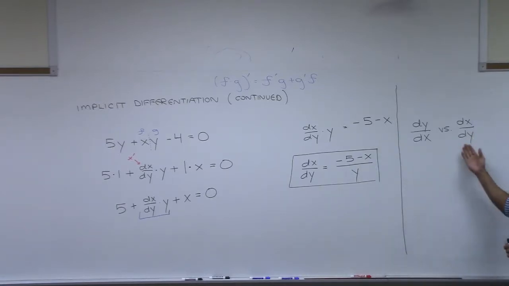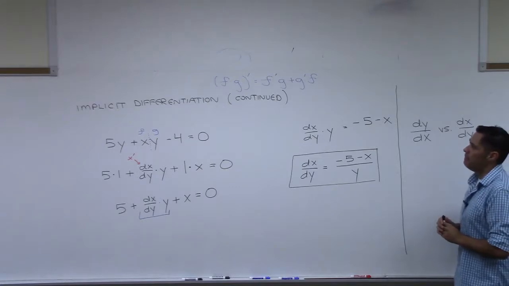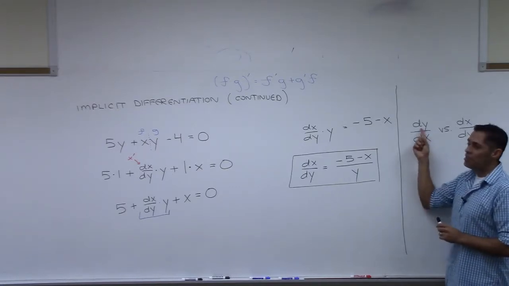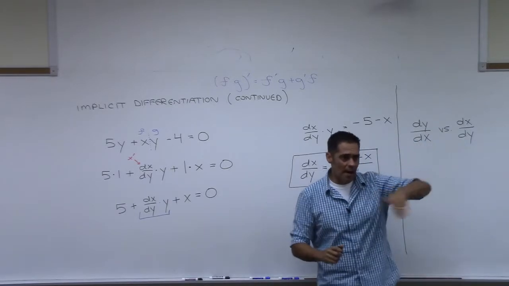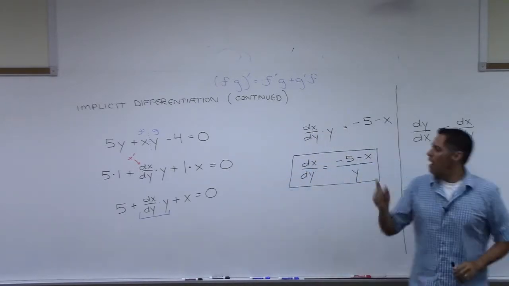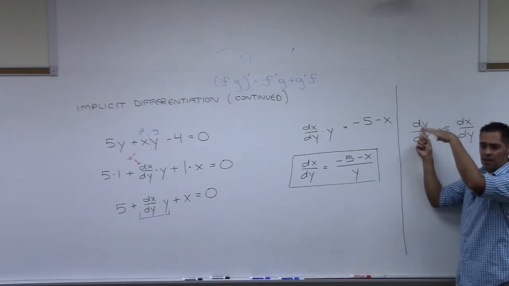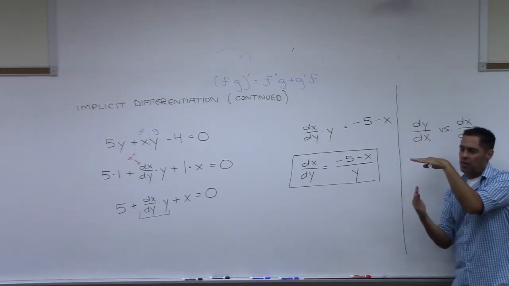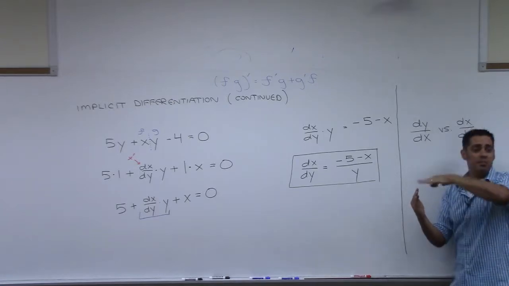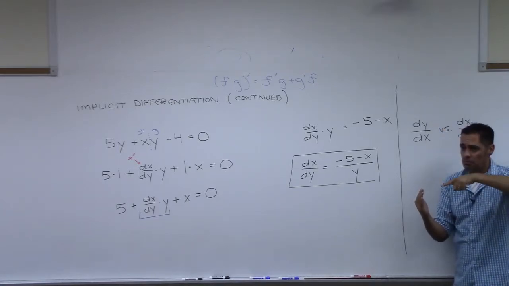All right, so what do these two things mean? I'm about to tell you what they mean. This is saying, how much does y change by? Remember, these are graphs, right? This is saying, how much does y change by if I change x by just a little bit? So if I change my x coordinate, how much does my y change, go up and down?